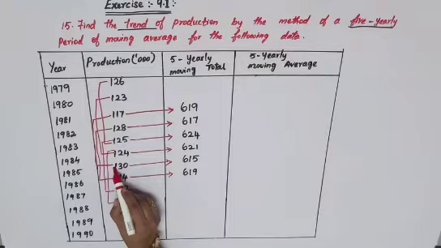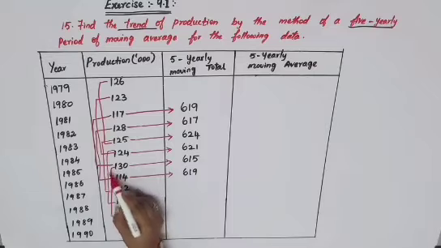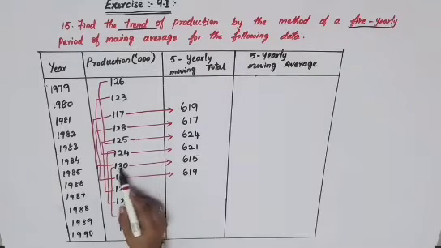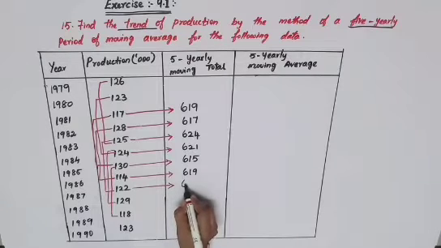Starting from your 130, it has to go up to 118. Check whether always it should be 5 numbers, children. All the 5 numbers should be covered. Straight to the arrow mark where you are starting, from there you can finish it off. Your 130 to 118, adding all these 5 numbers, straight to 122 you will have to write your total. So the total is 613.